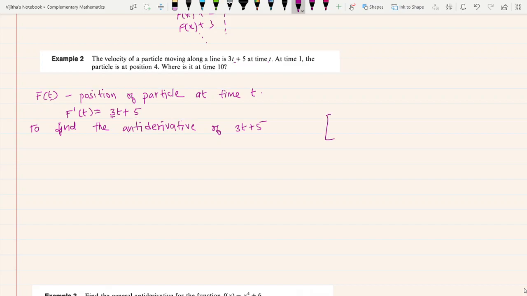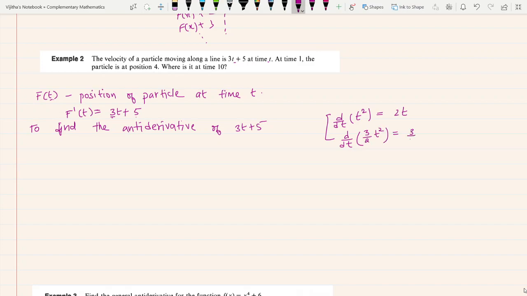We know that d by dt of t square is 2t. But here we should have 3t. So it means that 3 should come here and 2 should get cancelled. If we do d by dt of 3 by 2 t square, what will we get?